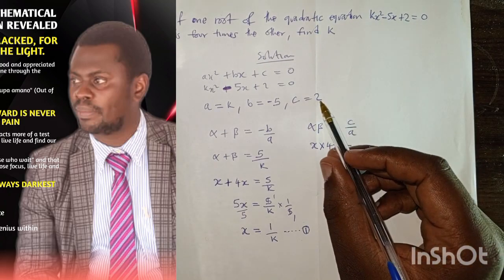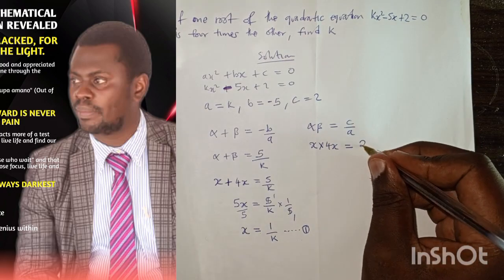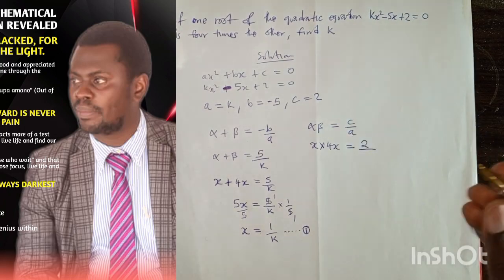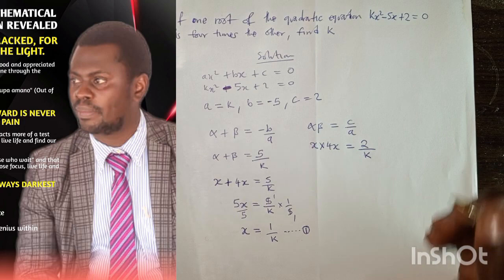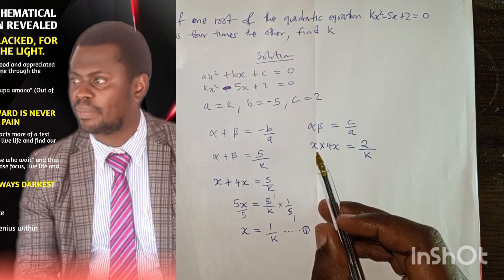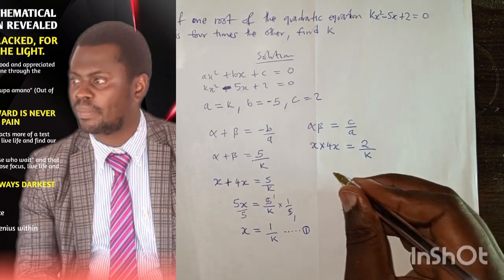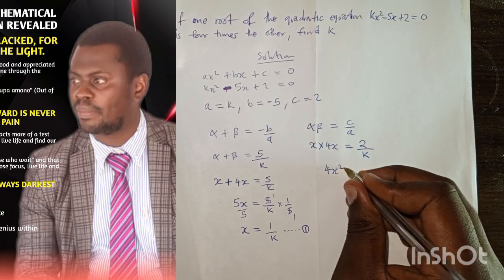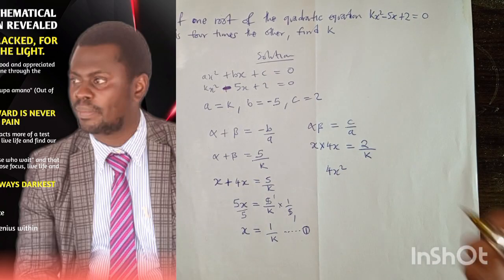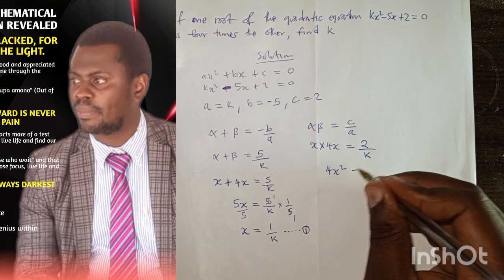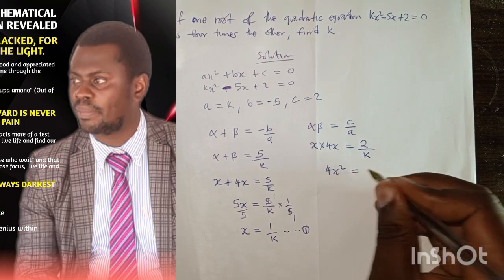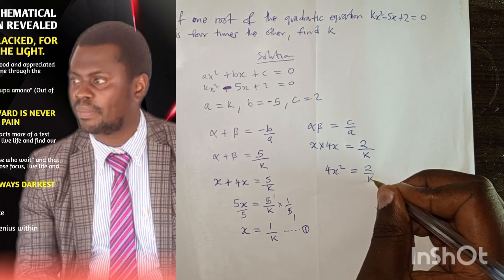The value of c is 2, and a is k, so 2 over k. What is x times 4x? You get 4x squared. So 4x squared is equal to 2 over k.